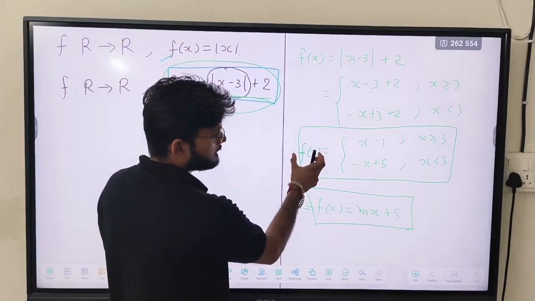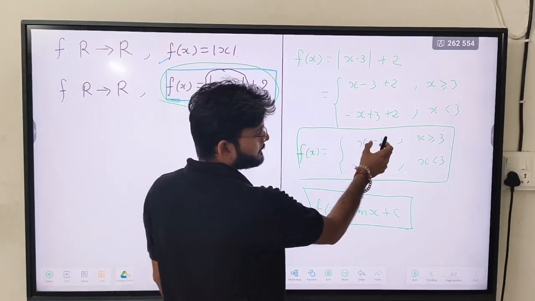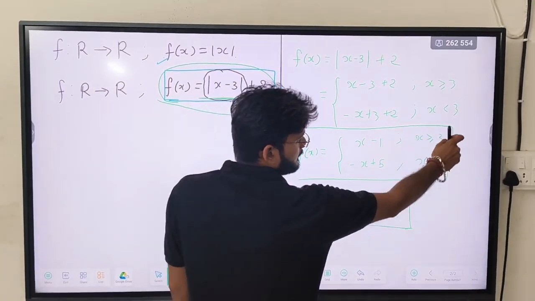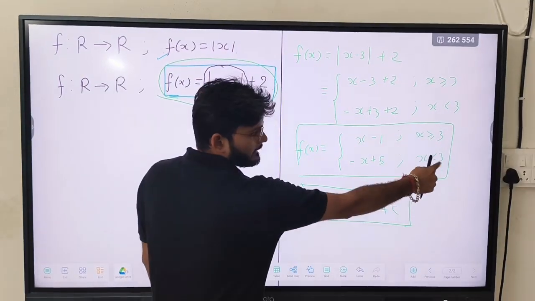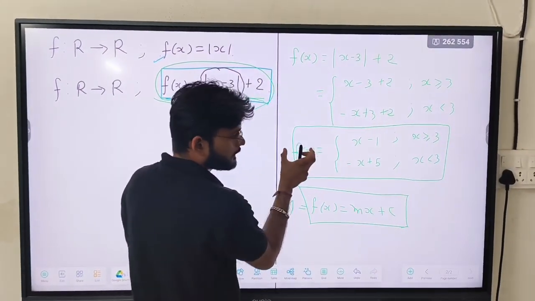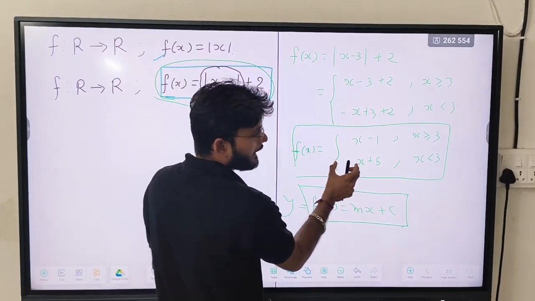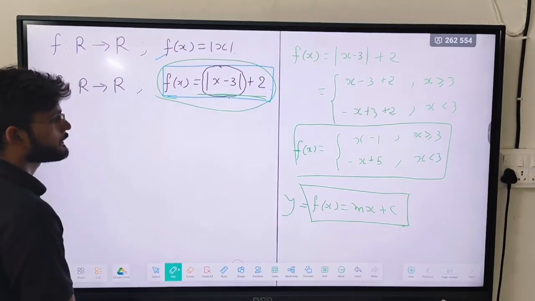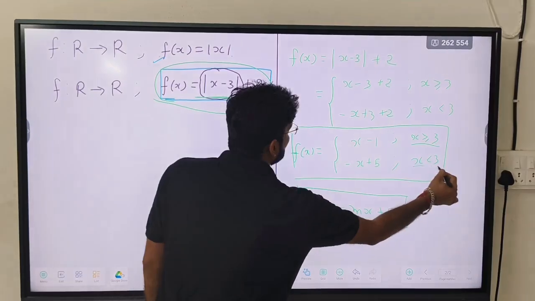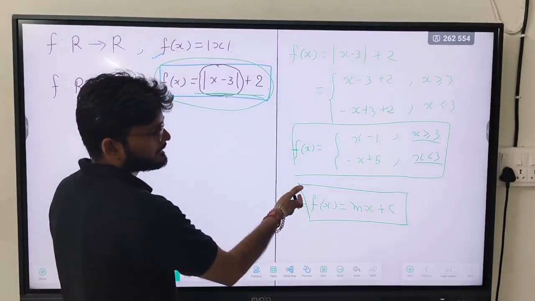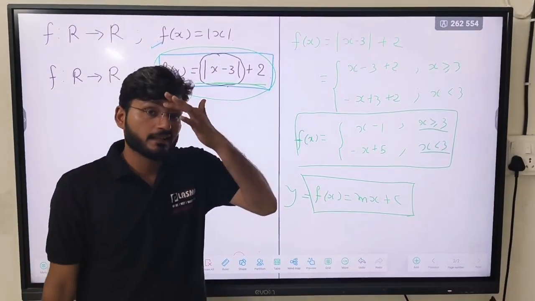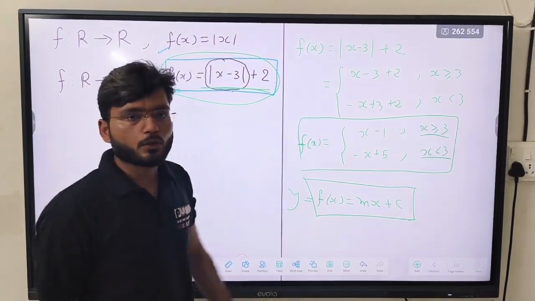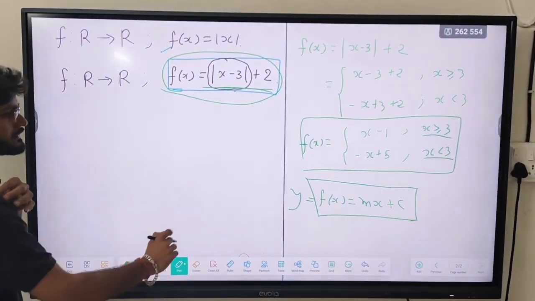So here also we can see that f(x) is equal to x minus 1, which is also of the kind y equal to mx plus c for these values of x, and if x is less than 3, then our function is of the form y equal to minus x plus 5, which is also the form of a straight line, right? So for both cases of values of x, f(x) is just going to be a straight line, and by combining them we will get the graph of this original function f(x). Let us try to draw it.